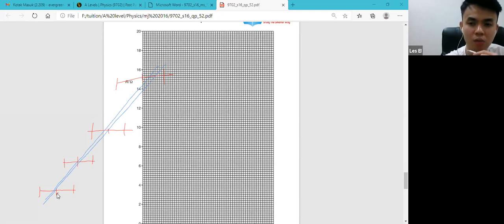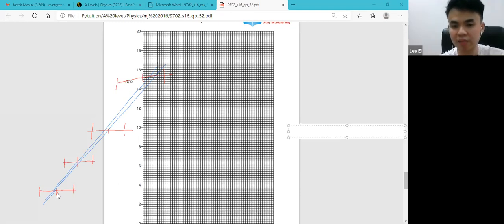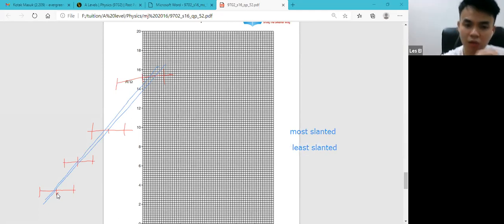So what about the worst acceptable line? There are two versions of the worst acceptable line. It can be the most slanted or the least slanted. What do I mean by the most slanted? The most slanted is you go from the first point, the most right of the error bar, to the last point, the most left of the error bar.